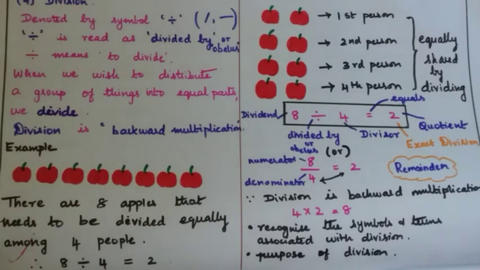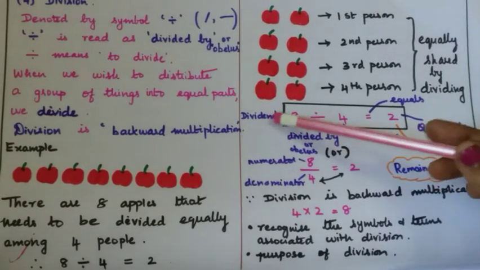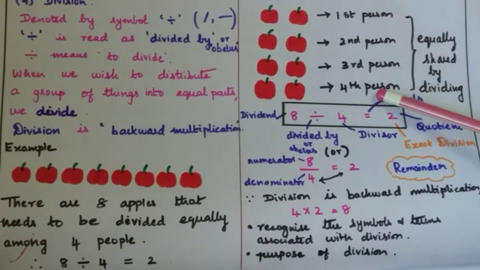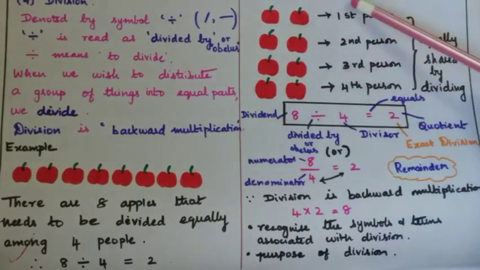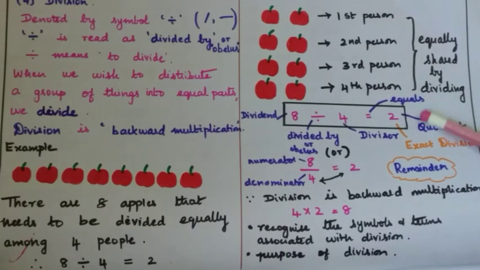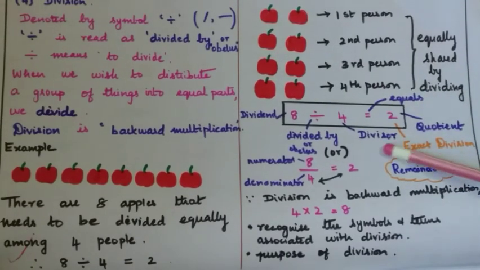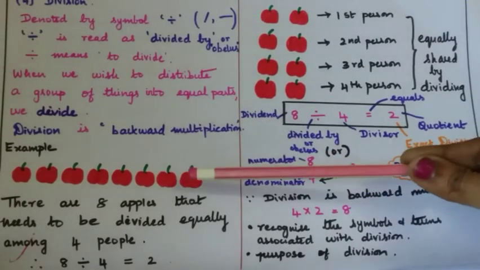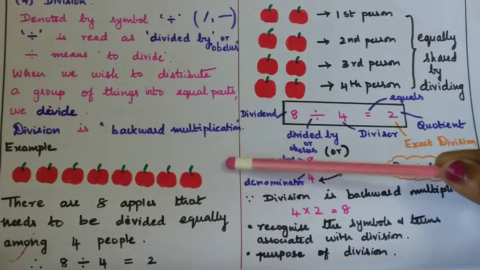In this problem, we have divided 8 apples equally among 4 people. So this is called exact division, where you do not get any remainder. So let us consider another example where I am going to add another apple to these 8 apples.